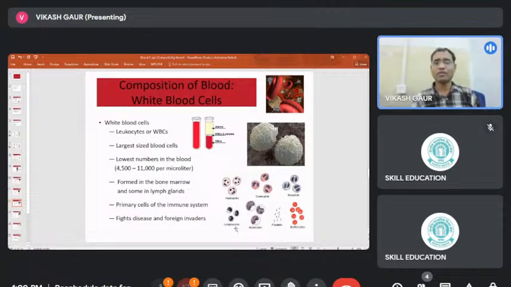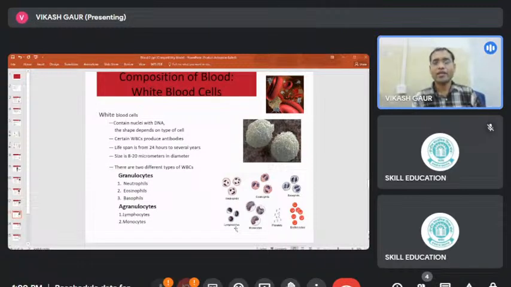These cells also form in bone marrow, and some WBCs form in lymph glands too. WBC is the primary cell of the immune system, the first line of defense, fighting disease and foreign invaders. Any foreign invader entering the human body can be neutralized by the WBC.